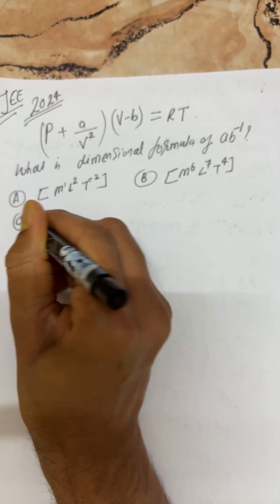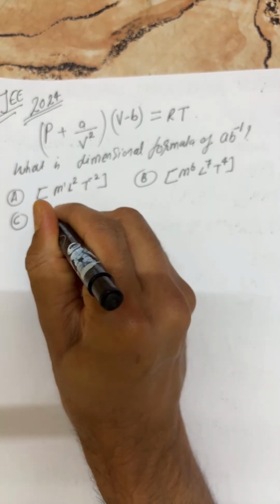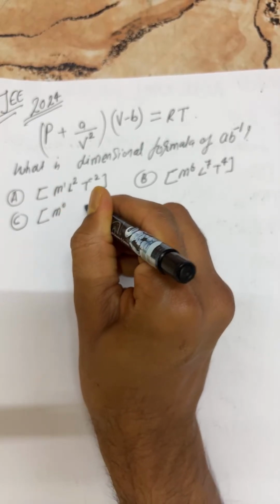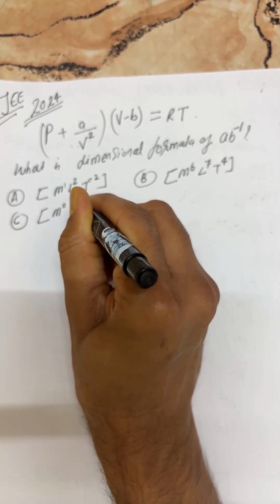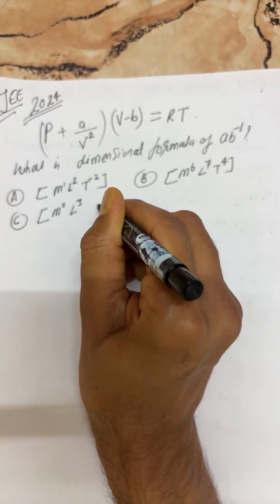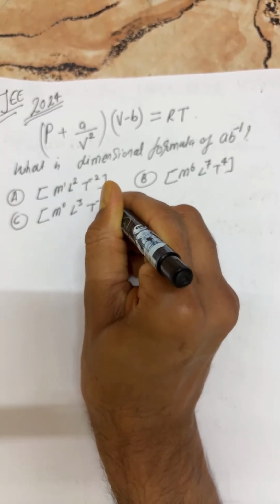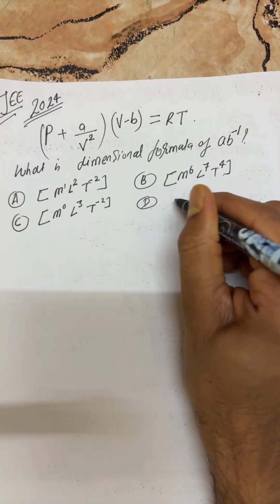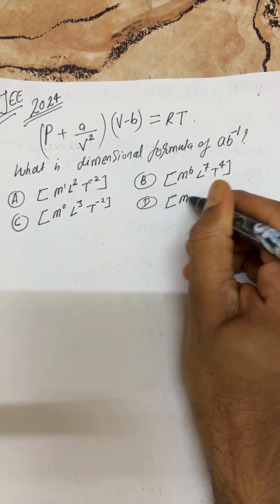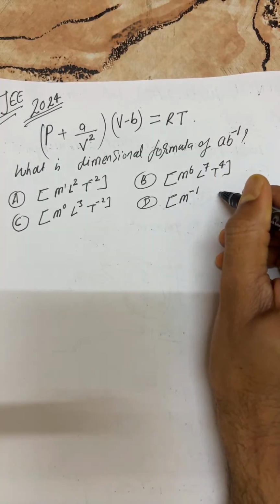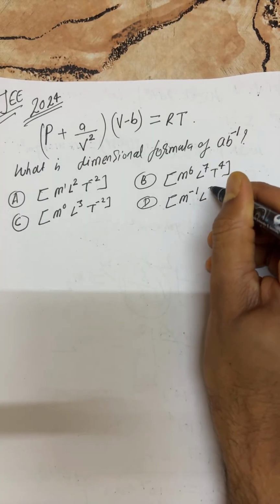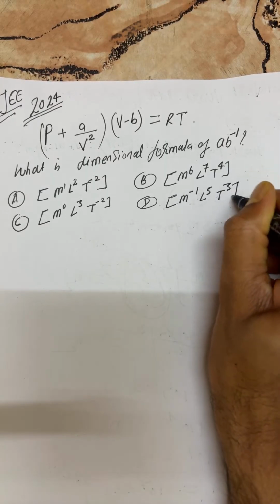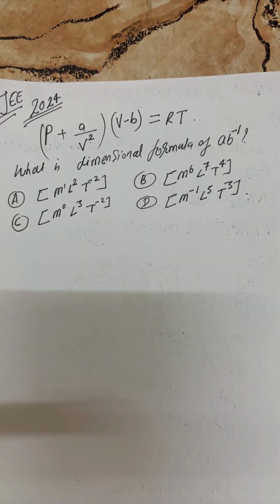Next, Canada: M to the power 0, L to the power 3, T to the power minus 2. And this, my kids: M to the power minus 1, L to the power 5, T to the power 3. This is the question, my kids.